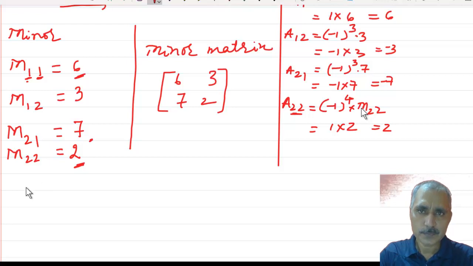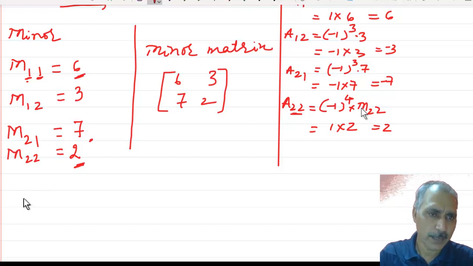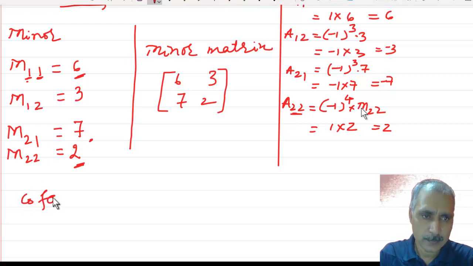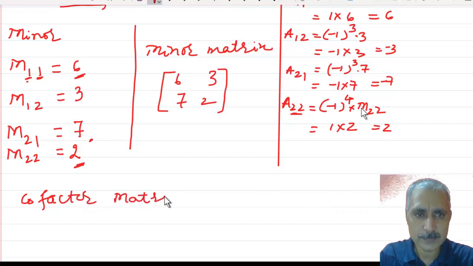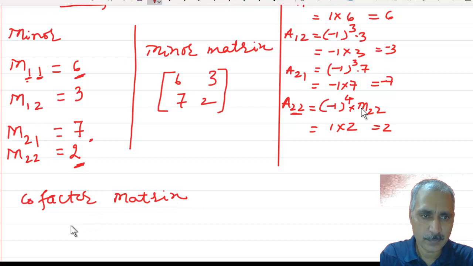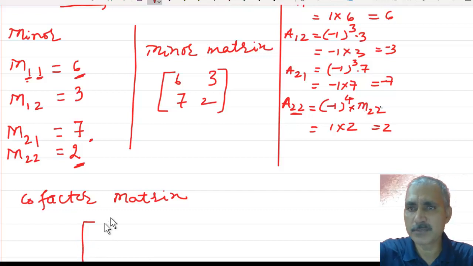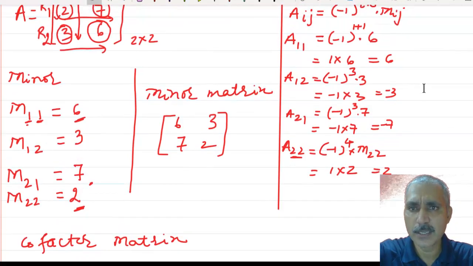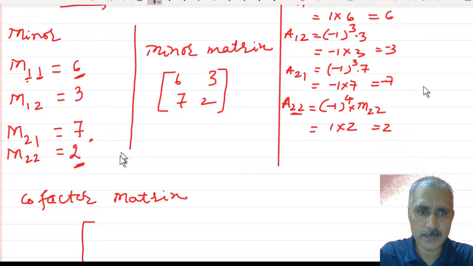Now, when we have to find out the cofactor matrix, we write these elements which we have just calculated as cofactors. A11 comes as 6, that is this one.